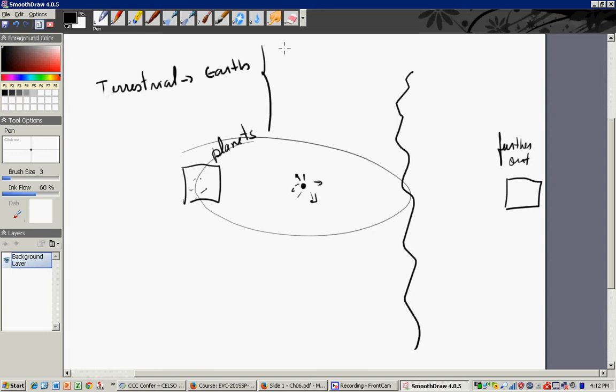So which terrestrial worlds do we know of? Well, Mercury, Venus, our planet Earth, Mars, Moon. And why not asteroids? Asteroids are also terrestrials. They are rocky type.